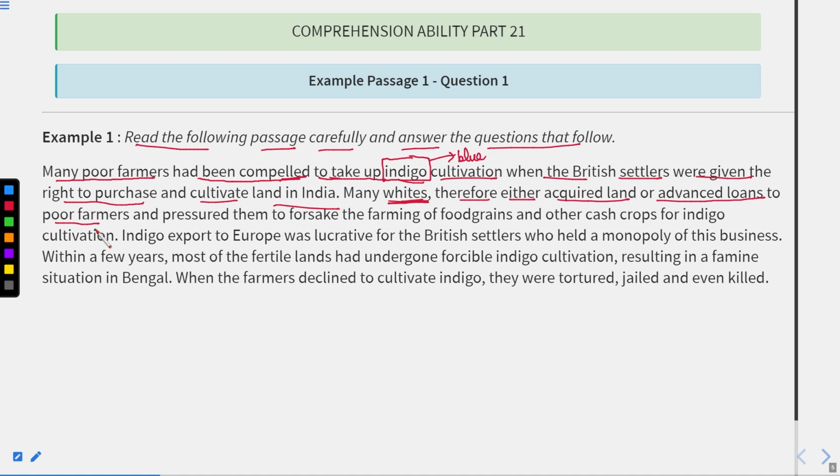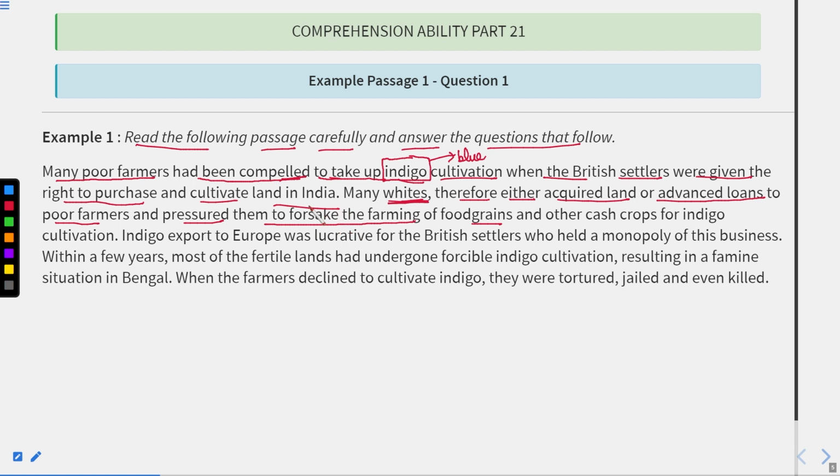Suppose poor farmers do not have land, so the Britishers advanced them loans to take the land and cultivate it according to their requirement, and pressured, means compelled, forced them to forsake the farming of food grains.